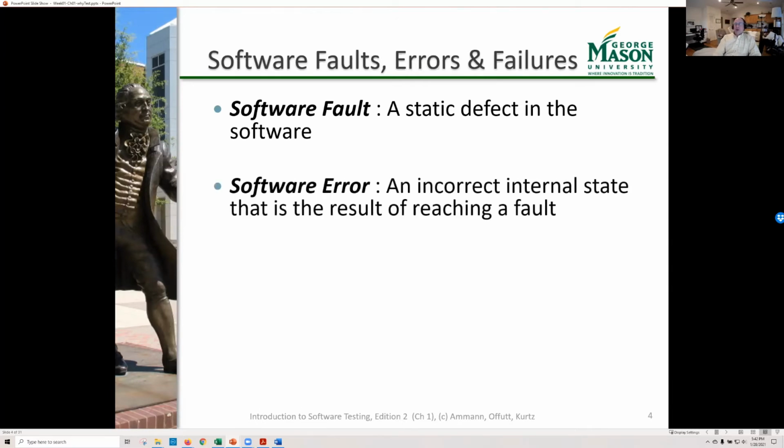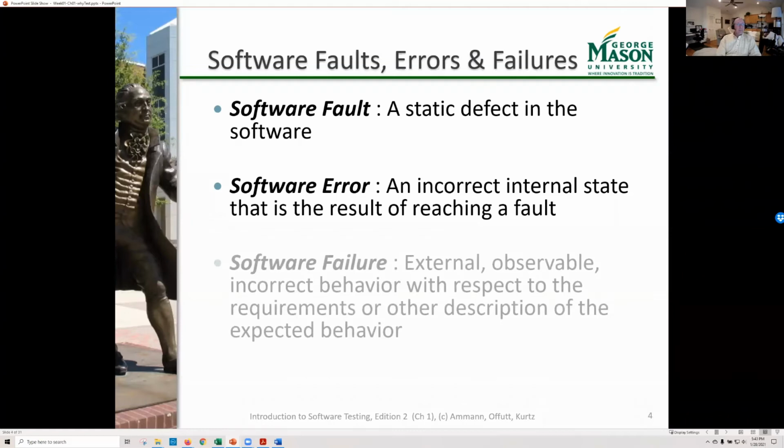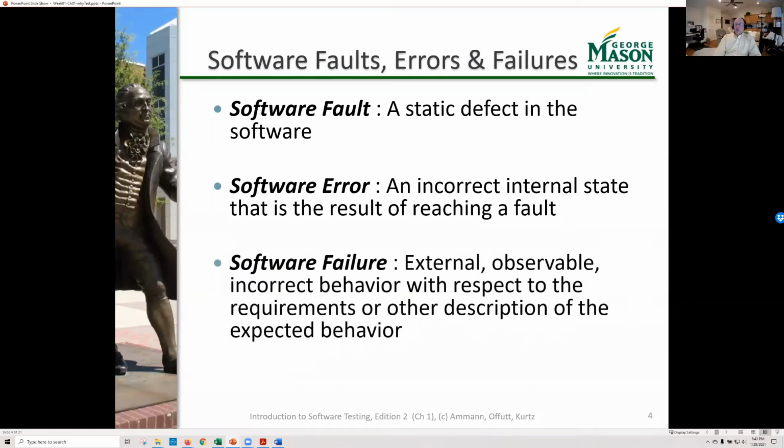Then we have a software error. A software error is an incorrect internal state of the running software that happens as a result of reaching the fault. And when I say reaching the fault, I mean just the software execution: the software executes the faulty piece of the code. That software error may result in a software failure.